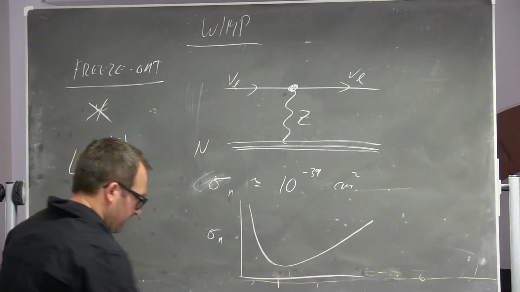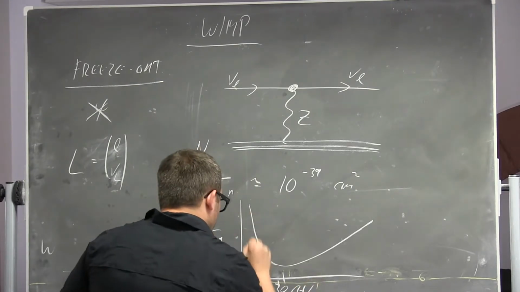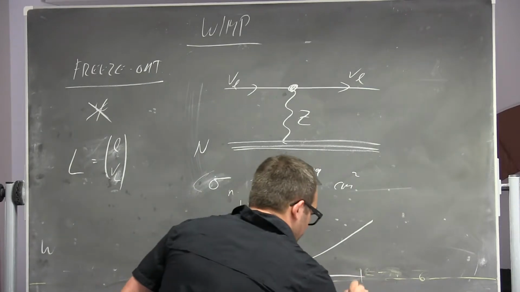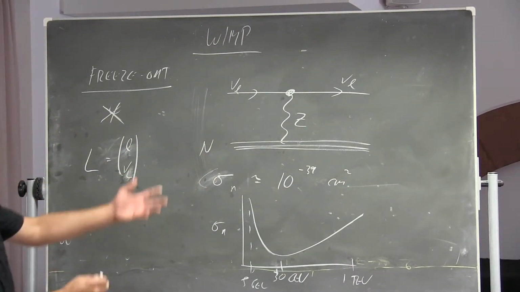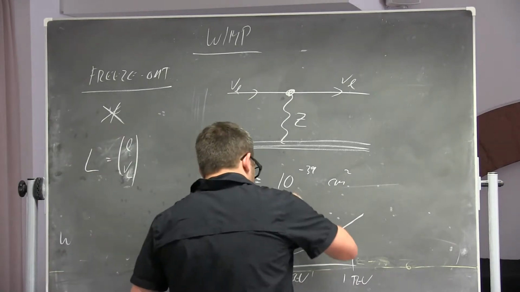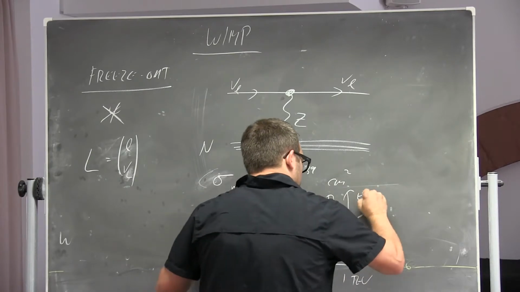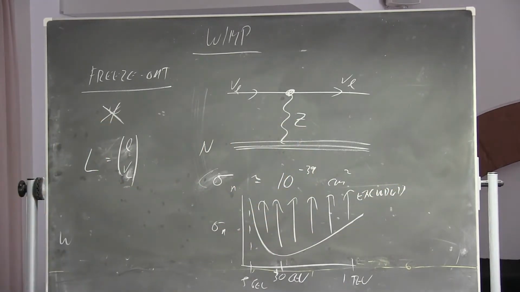Where this is approximately 30 GeV, down here is approximately, say, 5. Way out here is about a TeV. And they get an exclusion curve. They say, we have not seen anything up here. So all of this is excluded. Right? All of that's excluded.